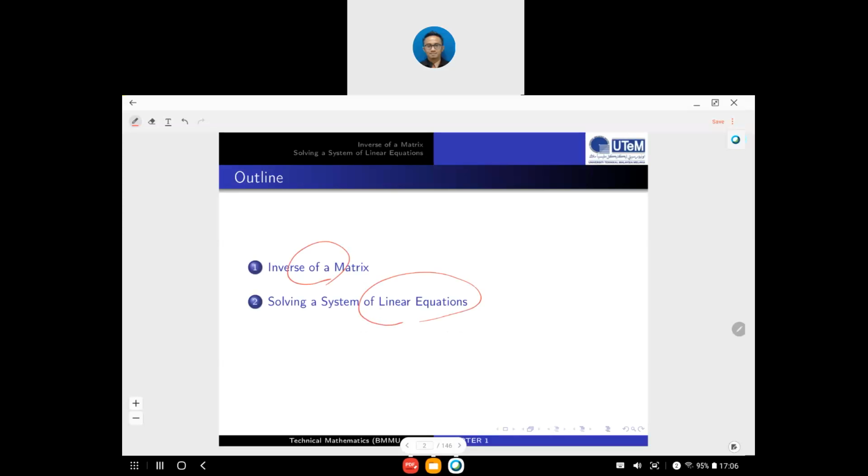Last week we already learned how to find the inverse of a matrix, but last week we used cofactor. Today, if you have matrix A and you want to find A inverse, we are using ERO, elementary row operation, which is by using the Gauss-Jordan elimination method.